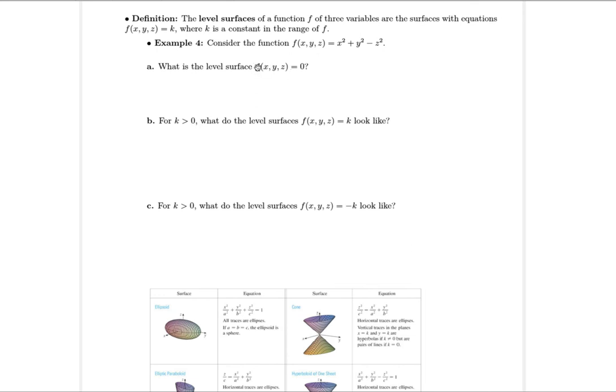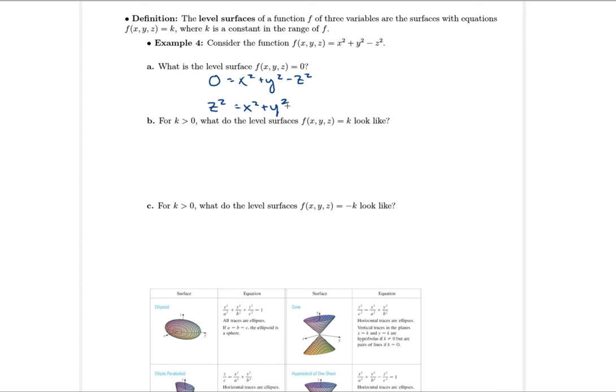Because if I set the function value equal to a number, then you still have three other variables here. So in this case it says, what is the level surface for this function here? That would be 0 equal to x squared plus y squared minus z squared, which is z squared equals x squared plus y squared.